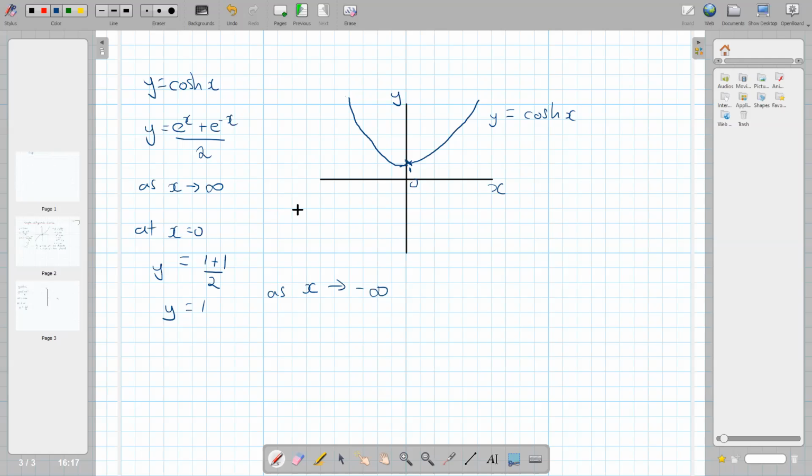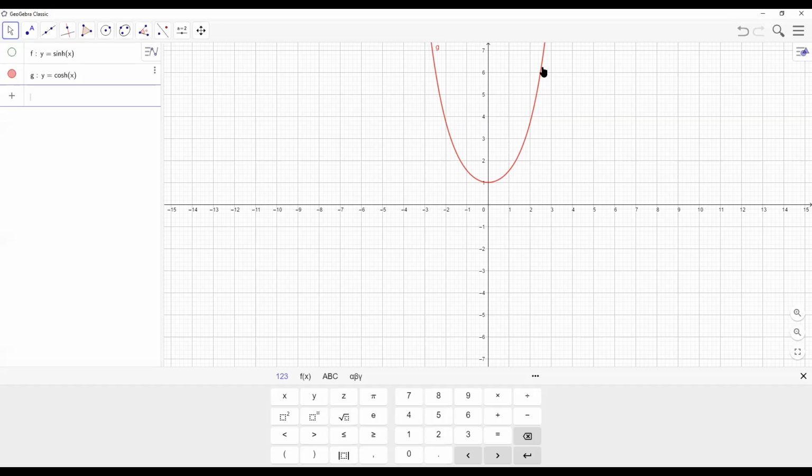Again, I'll just pause this and I'll show you on GeoGebra. I've just put on the y equals cosh function, so you can see again it comes through at 0, 1. That's here, because e to the 0 is always 1, so 1 plus 1 divided by 2 is going to give you here.